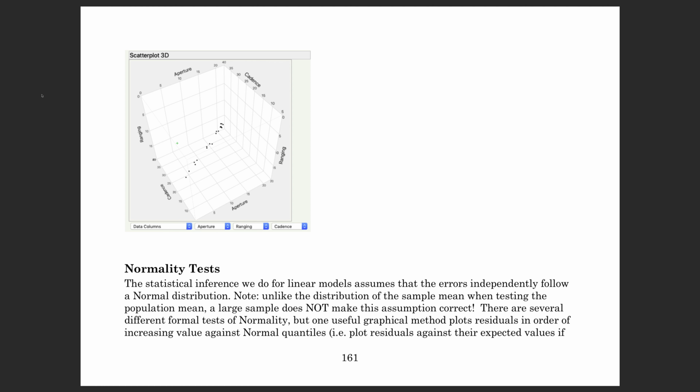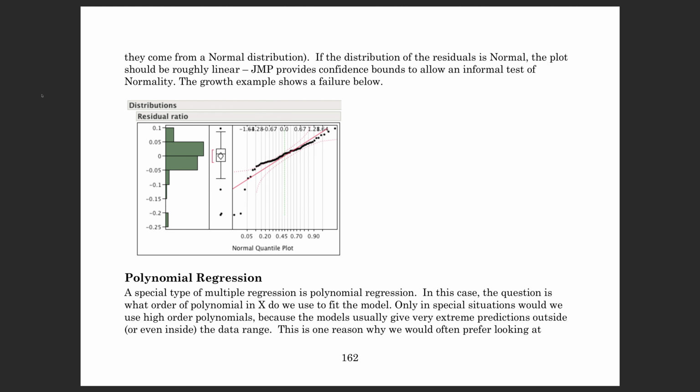What it does is it plots the residuals in increasing value order from most negative to most positive, and it plots them against what those values would be expected to be if they really did come from a normal distribution, right? So we're plotting the residuals against their expected values if they come from a normal distribution. So this is actually going back to the simple linear regression example from before, the growth one.